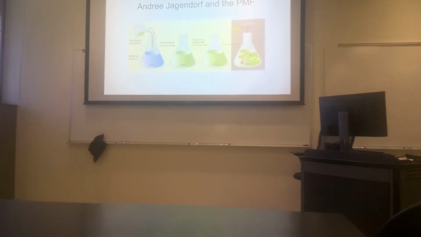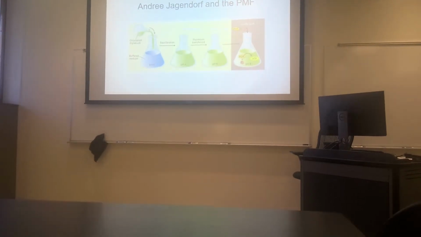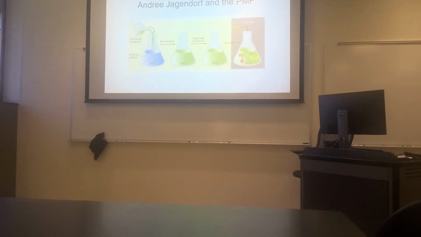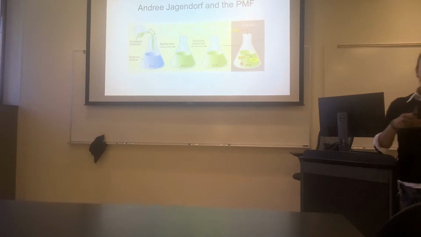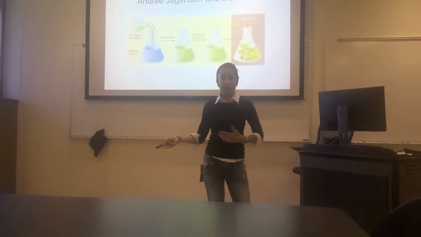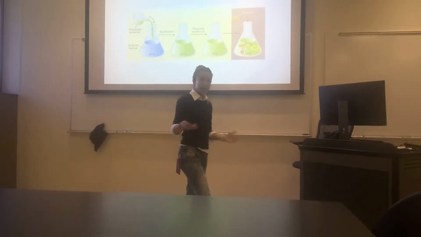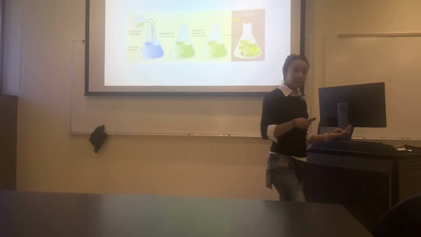And now you have a gradient, right? And once you have a gradient, it's kind of what the light is doing. Instead of using electrons to create this gradient, you create it here because the outside has a different pH relative to the inside.